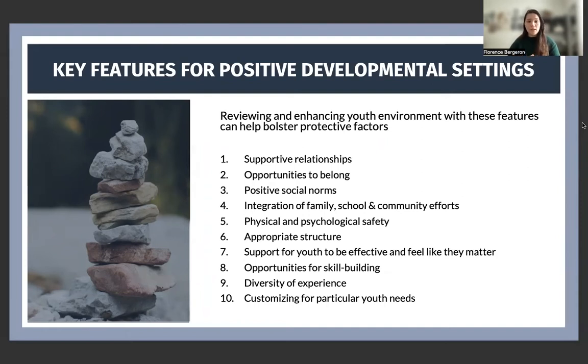Six, appropriate structure. Appropriate structure may vary from one context to another, from one activity to another. Appropriate structure in some places is having adults highly involved and guiding youth. In other contexts, it might be just observing, being on the side and not saying much.